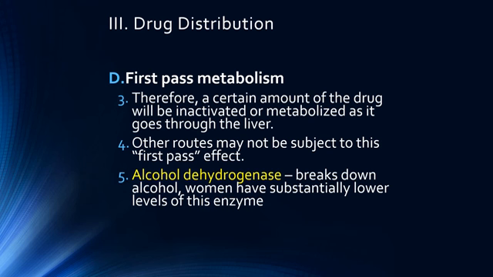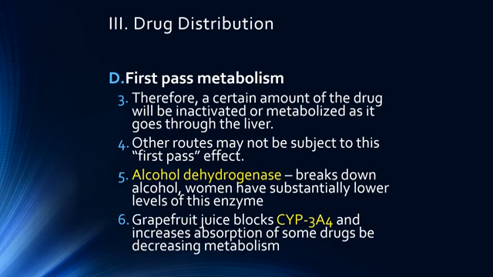This is the reason why when they talk about the limits for people drinking alcohol for, say, driving, that men's levels of drinking are usually about twice that of women, and that's because women have much lower levels of alcohol dehydrogenase. We'll also talk about how there are some races that have very, very low levels of alcohol dehydrogenase, and as a result get drunk very quickly, and in fact are at much higher risk for alcohol poisoning. So we'll talk more about those when we get to discussing alcohol.